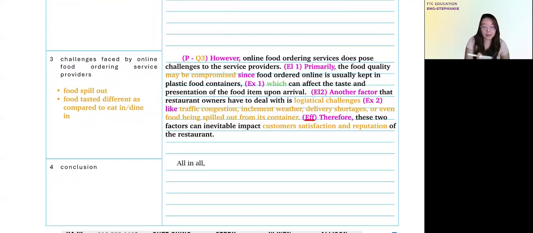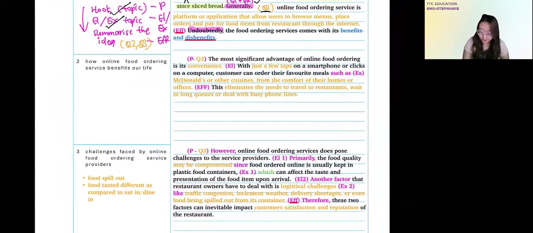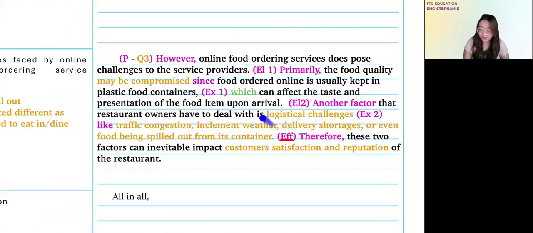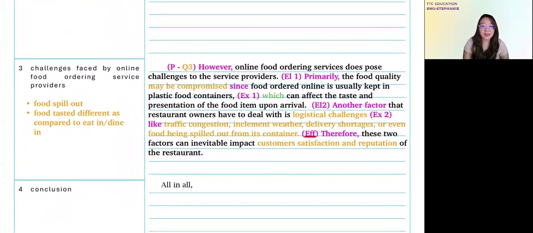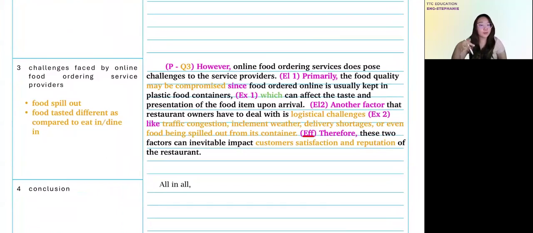All right, delay. Yes, delay is in this portion. Traffic congestion plus inclement weather. Suddenly, all right, rainy day, then your rider has to drive extra carefully, which causes a delay. All right, delivery shortages. Okay, you ordered a spicy chicken McDeluxe plus, I don't know, like an apple pie, but they only give you the spicy chicken McDeluxe.